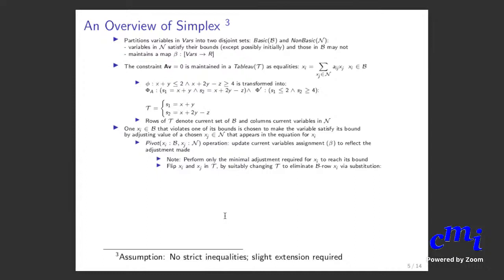So in this case, either X or Y. And it does that such that it just adjusts these variables just enough to bring these non-basic variables to either its lower bound or upper bound. So if they're violating, either the current value of that basic variable could be less than its lower bound, or it could be greater than its upper bound.